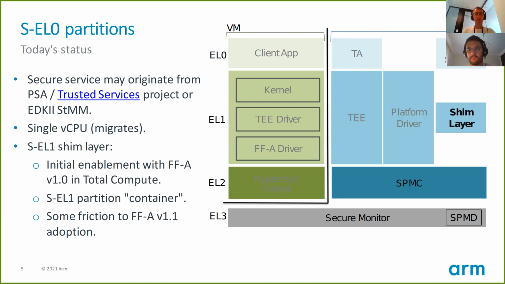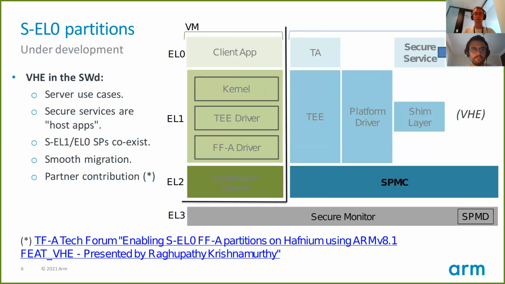The S-EL1 shim layer was really meant for an initial enablement with FF-A v1.0. In reality, that's still an S-EL1 partition, which embeds an S-EL0 application. And we observe some friction to the adoption of the 1.1 FF-A specification, and hence the desire to migrate to a new architecture, which is this one, leveraging VHE in the secure world.